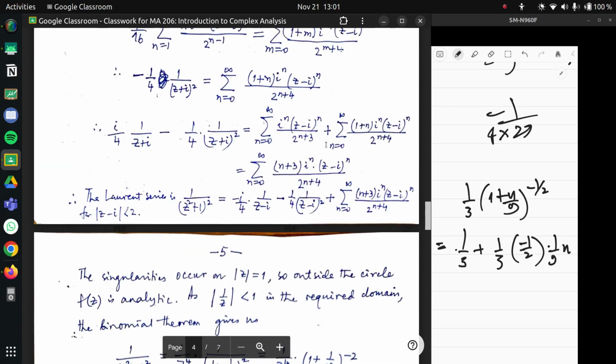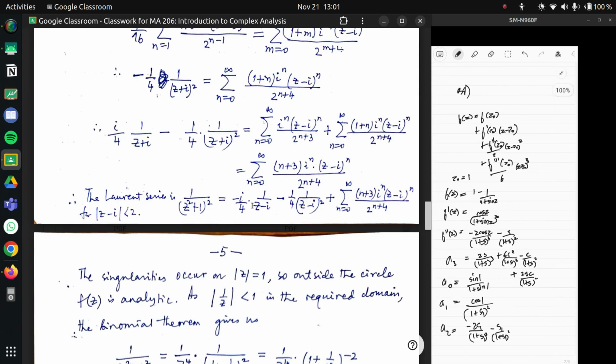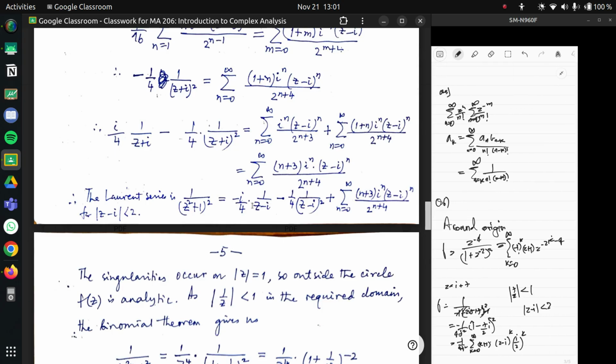This Laurent expansion. It's this thing. Negative iota upon 4, sure. Minus 1 upon 4 is administered. So my expansion was something like this, right? Yeah. So yeah, sure. Negative iota by 4 thing I get. No problem with that.